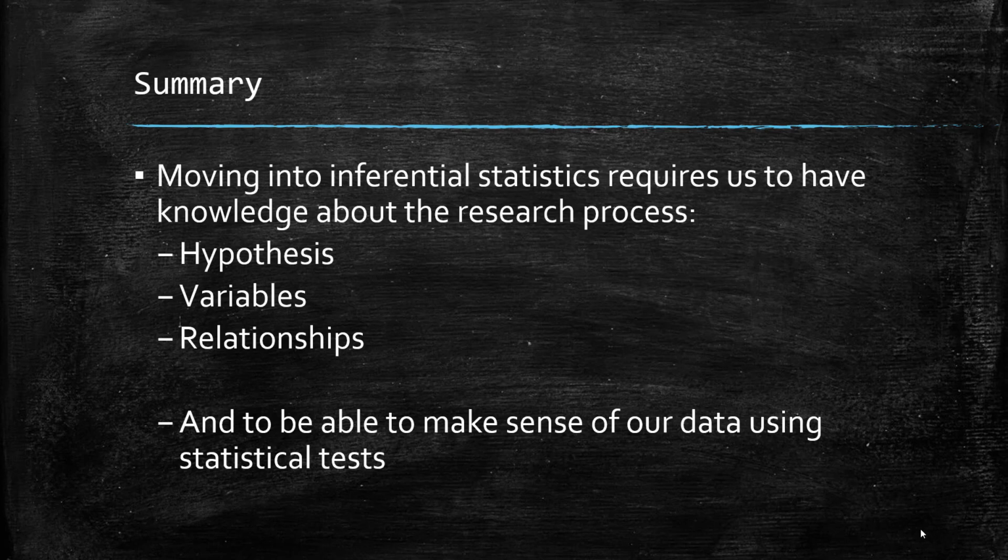So inferential statistics and descriptive statistics are about helping us make sense of our sample data using these different tests. We always begin with the descriptives, and then we can move into inferential if we have the right kind of data to look at relationships and variable attributes to determine, is this statistically significant?